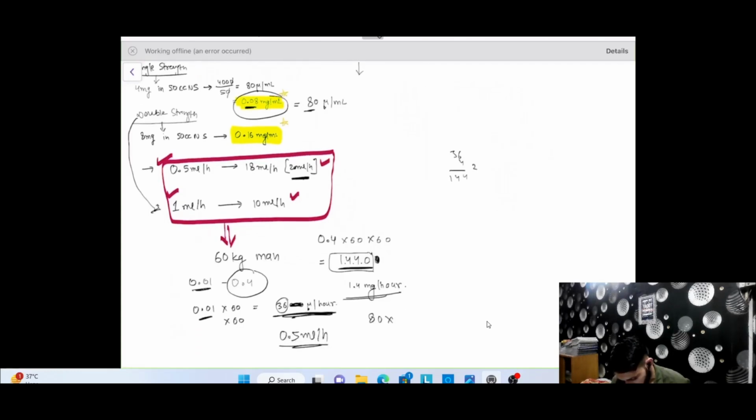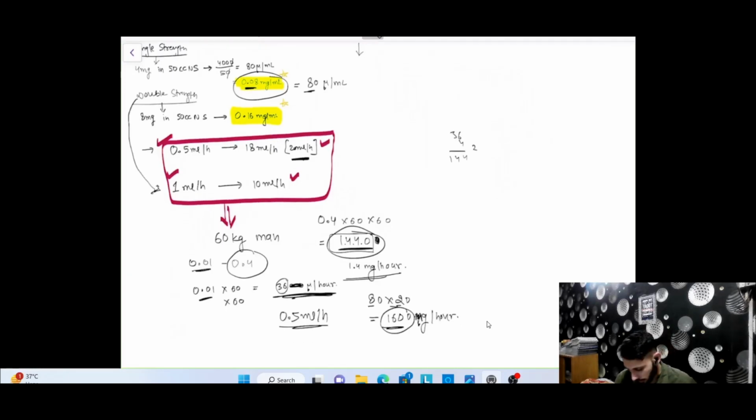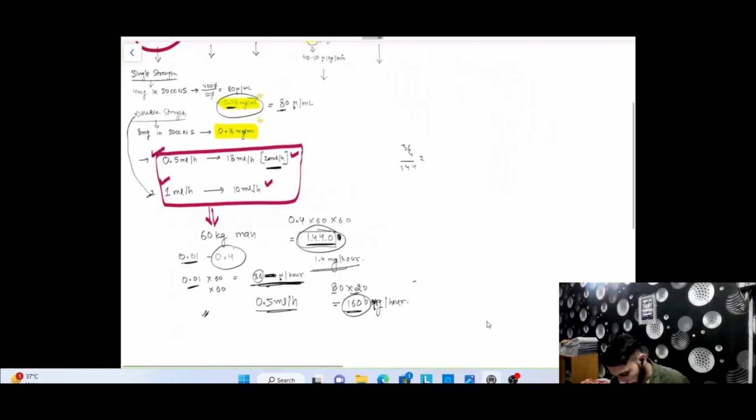If I calculate 80 into a maximum of 20, it will be 1600 micrograms per hour. So here it comes to 1600, here almost 1440. Very, very similar. So these are the minimum and the maximum range, which define the minimum rate to start with and the maximum rate. Let's clear it up.